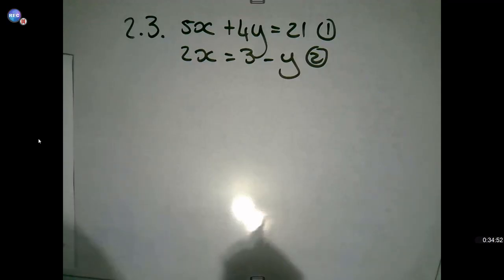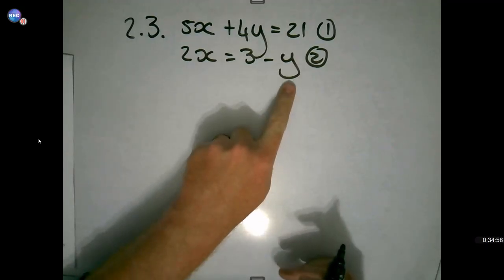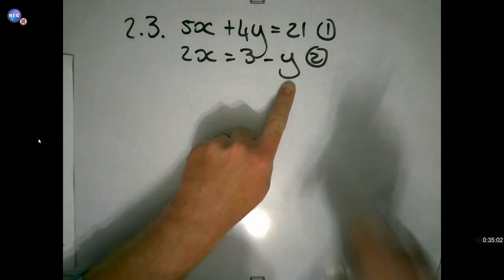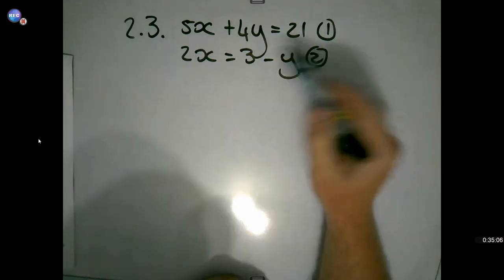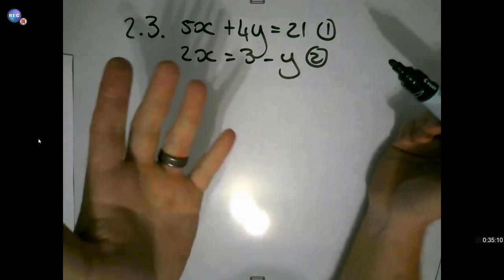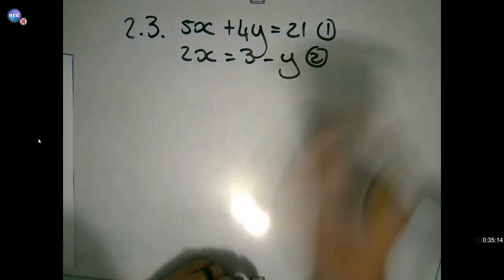If you were me, which you are not, I would make y the subject and then use the method of substitution. The reason is that I do not need to eliminate any variables to get y on its own. I can just take the second equation and make a third equation. That's it.